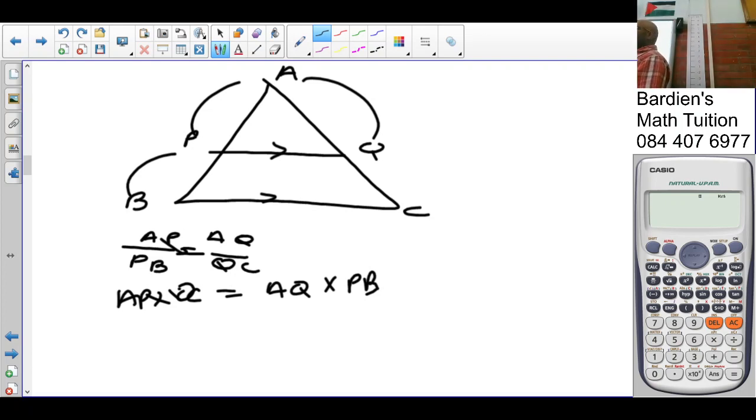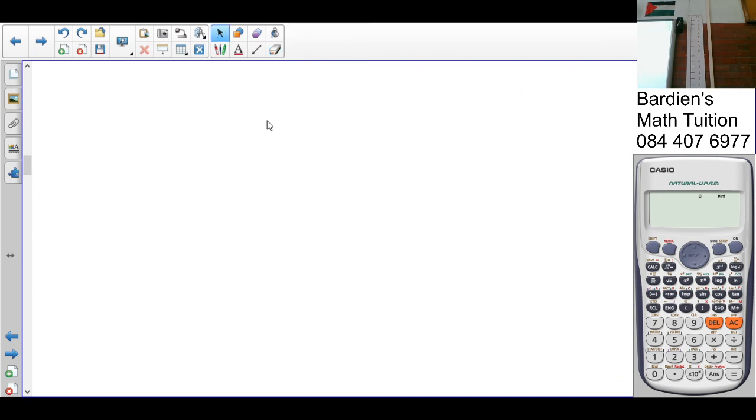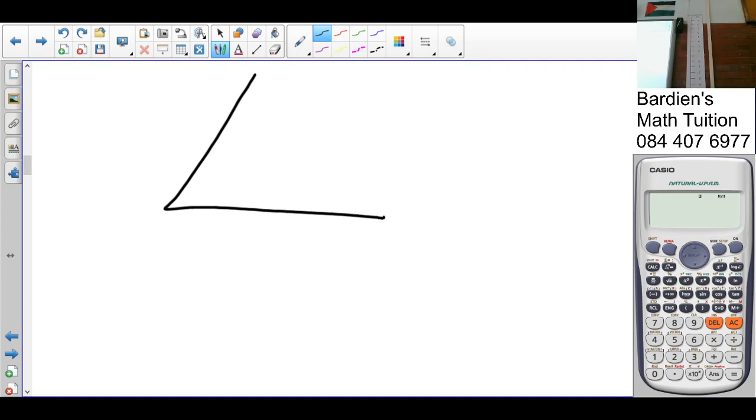And many other things we can derive from here. I'm going to do one more: AP is equal to QA times PB over QC. What I did was I took this up here and cross multiplied. You guys all understand that, no? And another thing that can be derived from here.